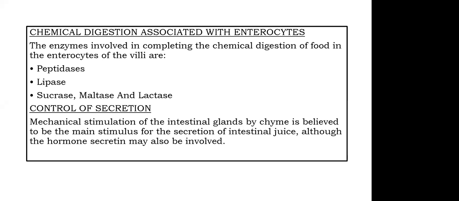Okay, so peptidases will complete the protein digestion, lipases will complete the digestion of the remaining emulsified fats, and sucrase, maltase, and lactase will complete the digestion of the remaining carbohydrates. How are these secretions controlled?